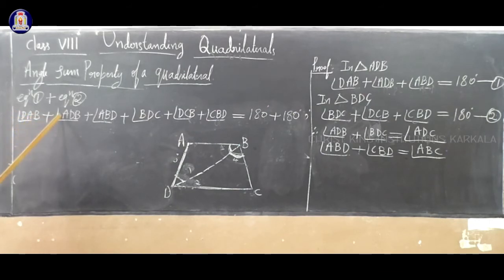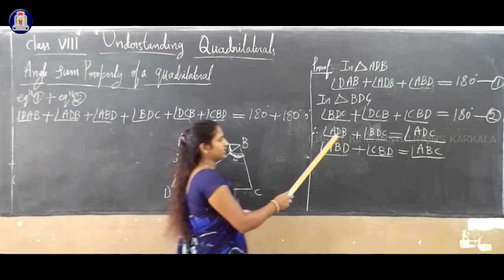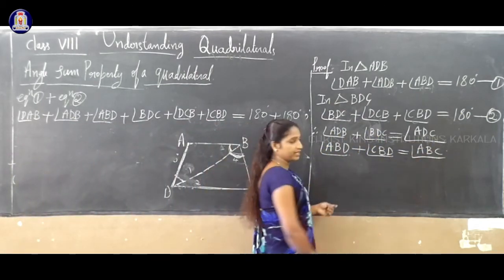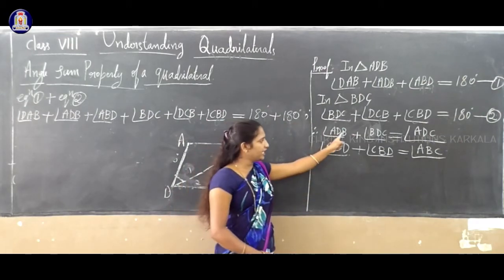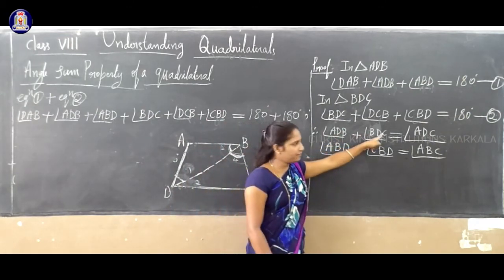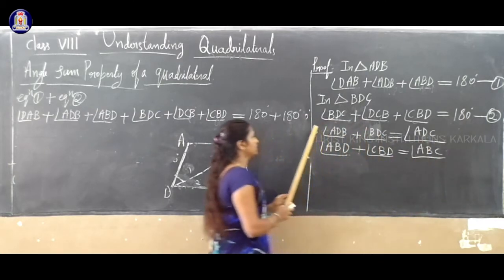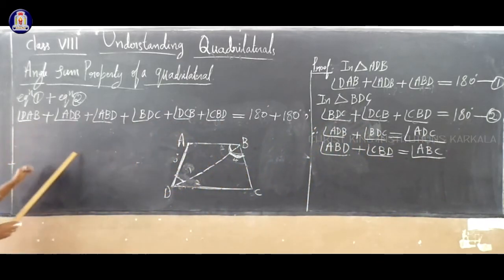DAB plus ADB. Now here it is written ADB plus BDC can be written as ADC. Clear?